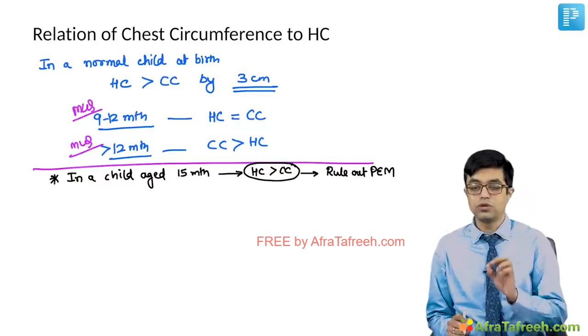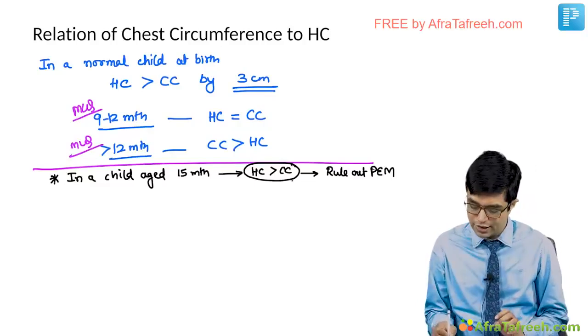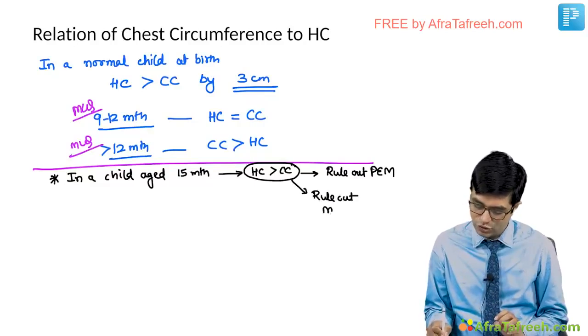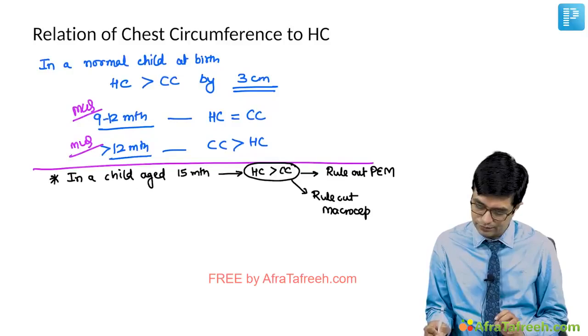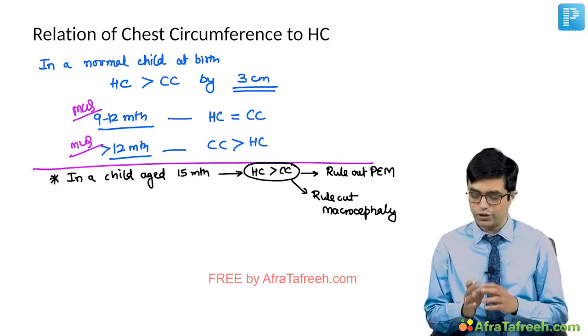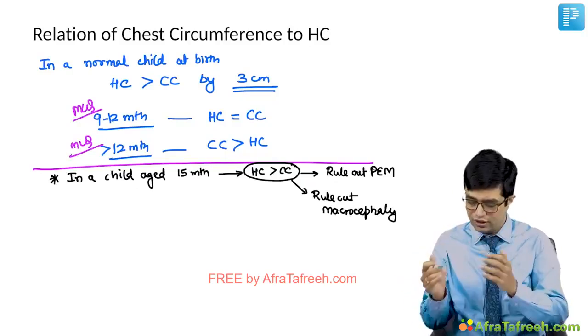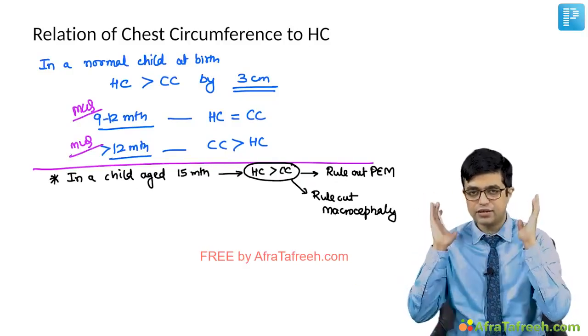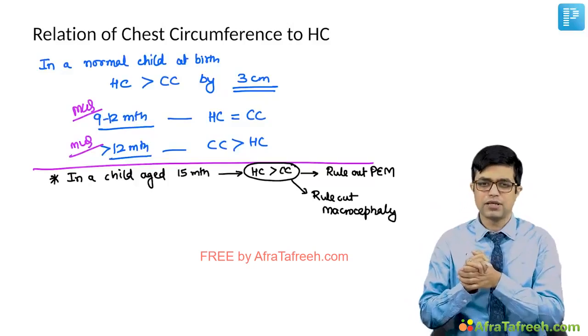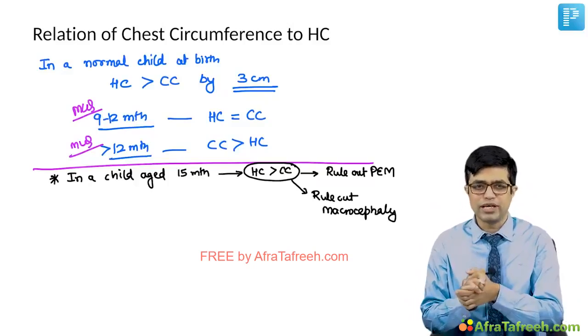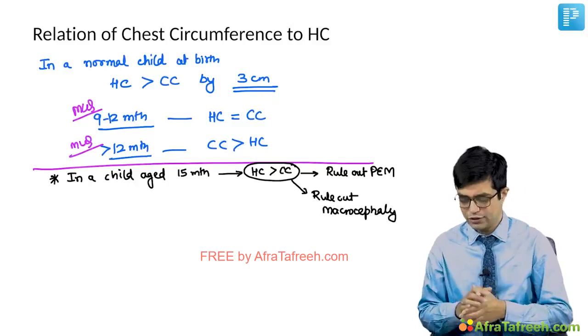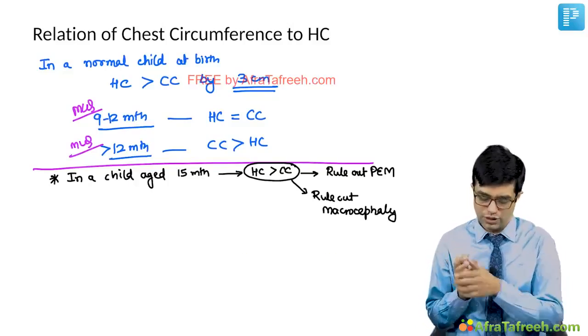You need to rule out PEM and you also need to rule out macrocephaly in the child. So rule out PEM will mean the chest is very small and macrocephaly will mean the head is too big. Occipitofrontal circumference more than +2 standard deviations of the mean is macrocephaly. So you will rule out both these two conditions.